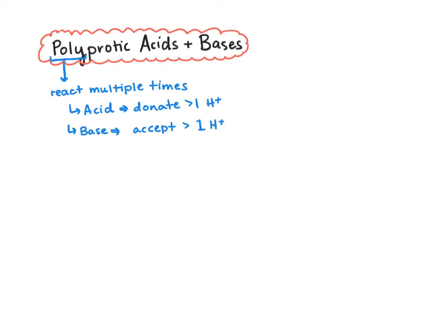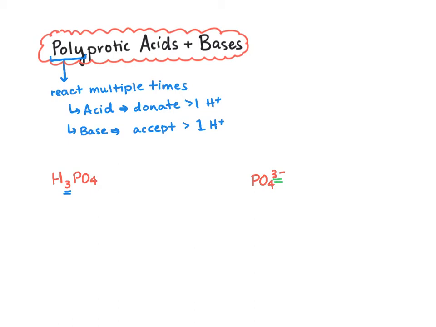An example of a polyprotic acid would be something like H3PO4, where we have 3 hydrogens that are donatable. An example of a polyprotic base would be something like PO4 3-, and that 3- charge tells us that we can accept 3 protons.